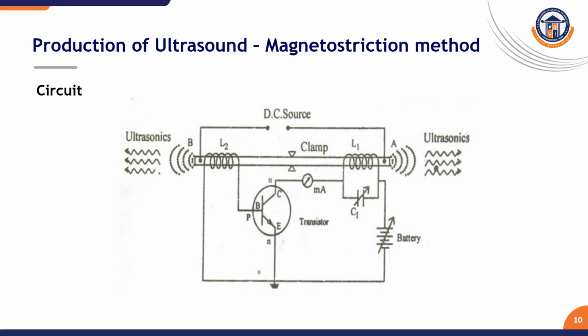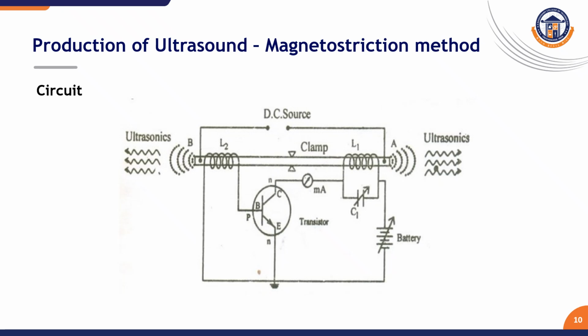The coils L1 and L2 are wound on a ferromagnetic material like iron, cobalt or nickel. The ferromagnetic material is fixed with a clamp.